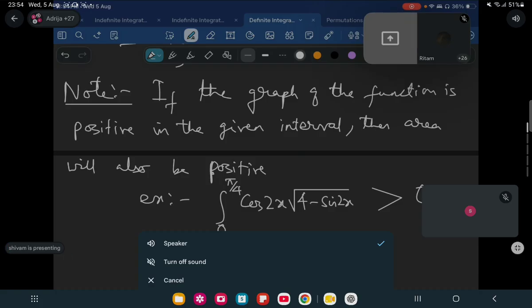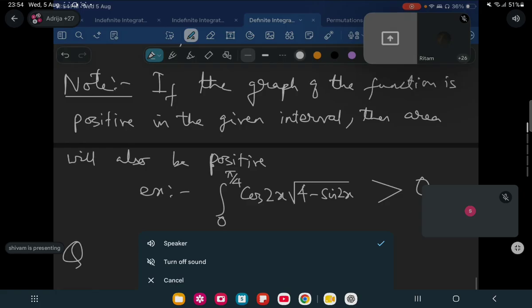Question number 5, part 1. Integral from 0 to pi by 16, sin x plus sin 2x plus up to sin 7x, upon cos x plus cos 2x plus up to cos 7x, dx.